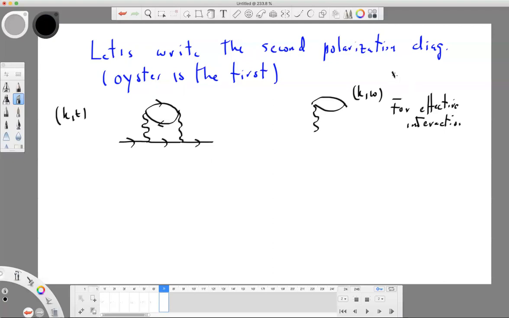I'll show you where this piece is going to come from. So let's write it out.